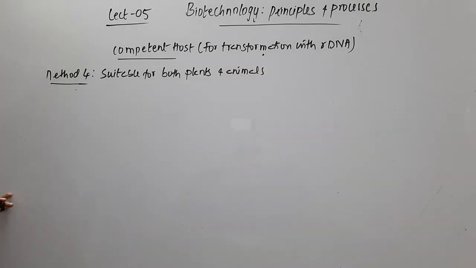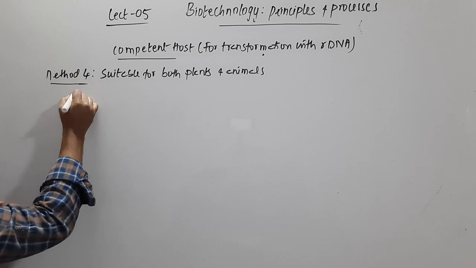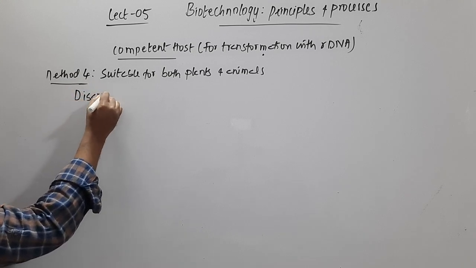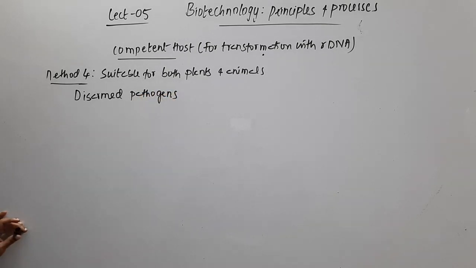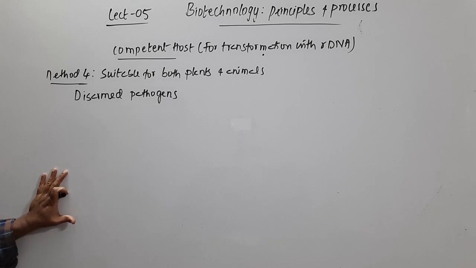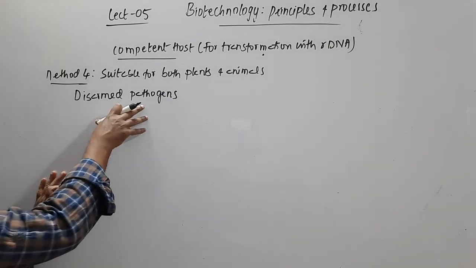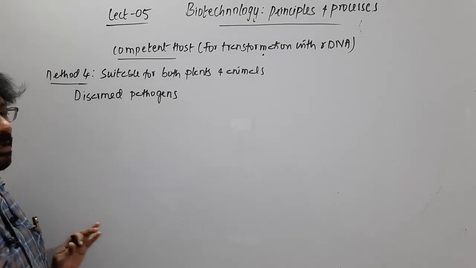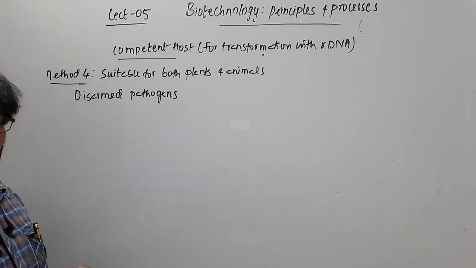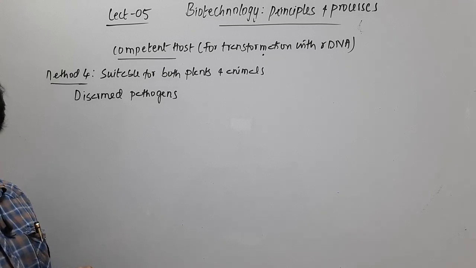So in this method, I'm going to use disarmed pathogens. Disarmed pathogens means those pathogens, like for example, we have already taken Agrobacterium tumefaciens, in which there is the Ti plasmid.